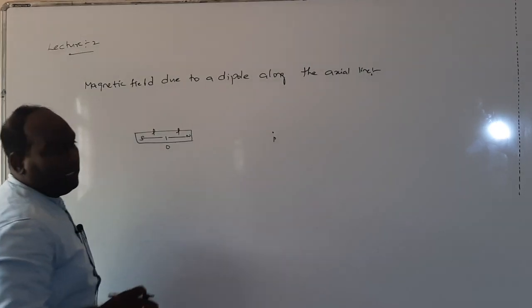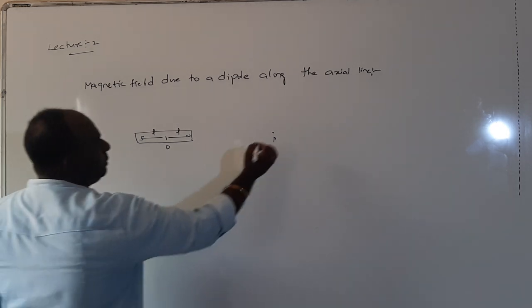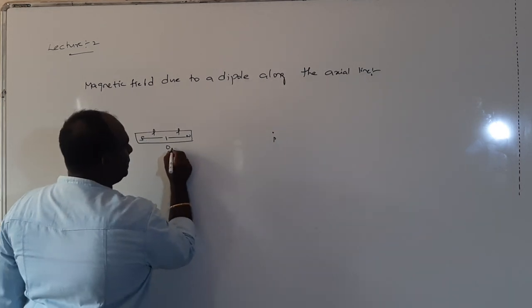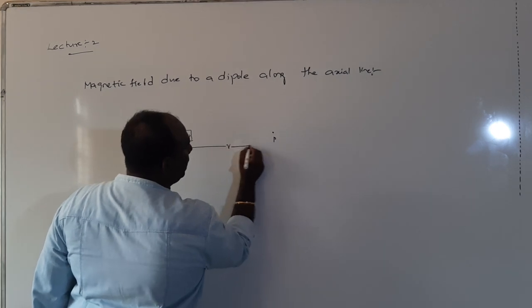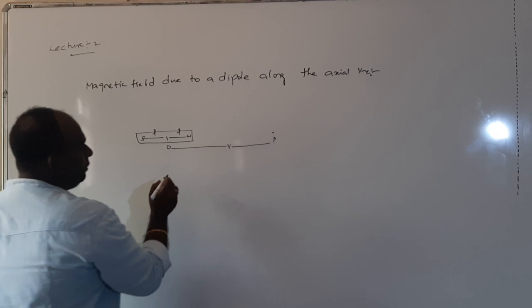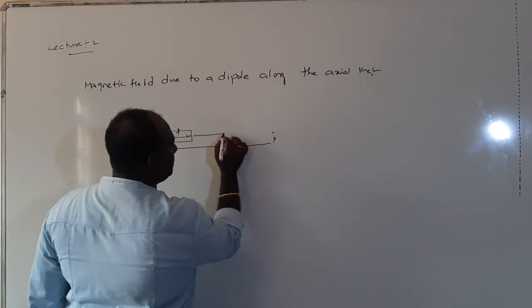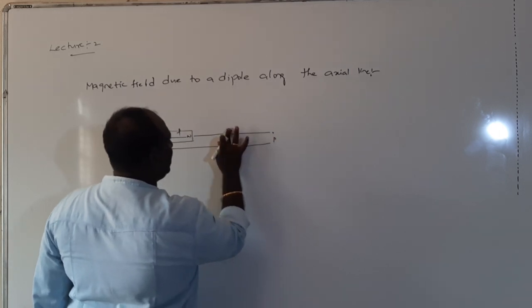We can't assume monopoles, but assume a small magnetic needle whose pole strength is very small, whose north pole is facing toward the north. The distance between point P and point O is R. So this distance is L, this distance is R. What is the distance between north pole and point P? R minus L.